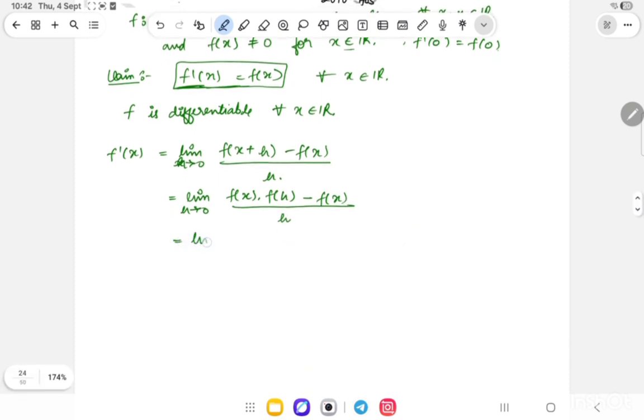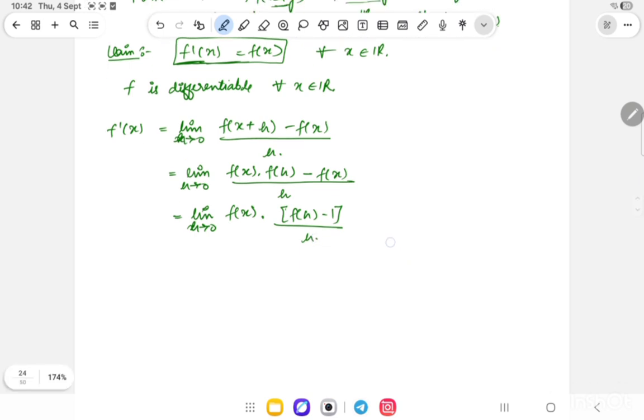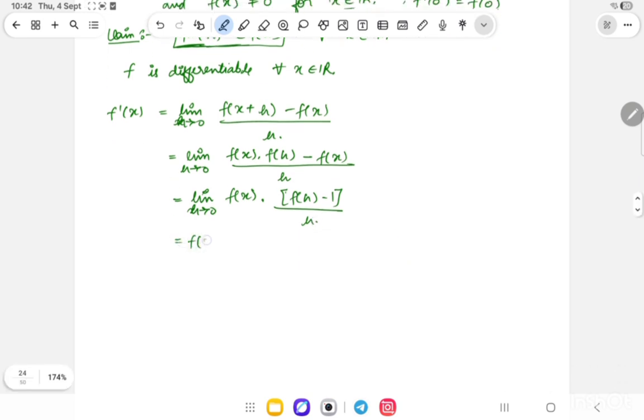So I can take f(x) outside, so my limit will be the limit as h approaches 0 of f(x) into f(h) minus 1 upon h. This basically gives me f(x) into the limit as h approaches 0 of f(h) minus 1 upon h.